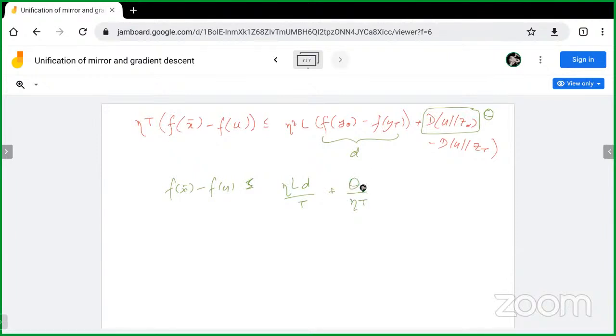And now I just optimize theta, so theta should be what? Theta over LD square root. And then I get that this is at most something like root of LD theta over T.